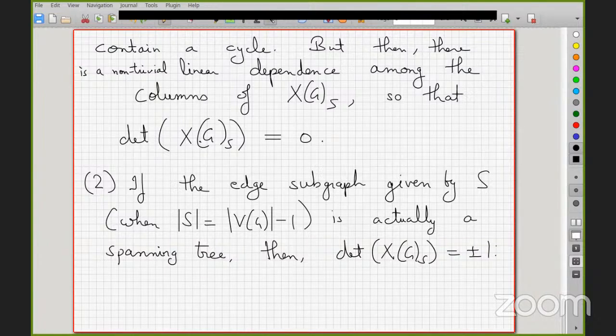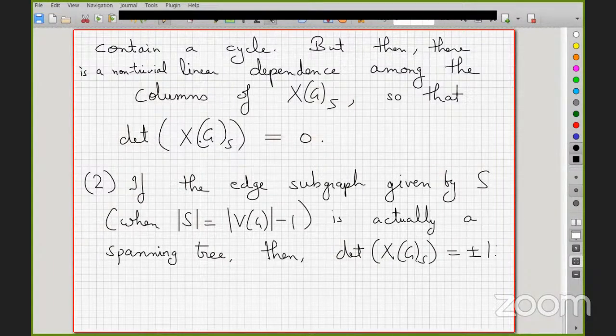The easiest way to argue this is to say that any spanning tree has at least two leaves, and one of them must not be the root vertex. So you start at this non-root vertex, and that vertex has exactly one edge incident on it. So if you take the row corresponding to that vertex, it has exactly one nonzero entry, 1 or -1.